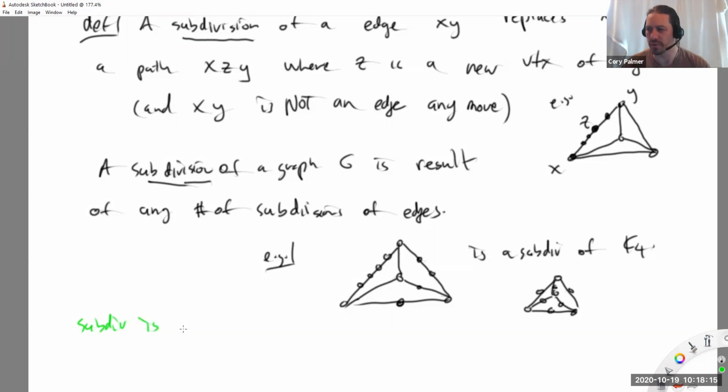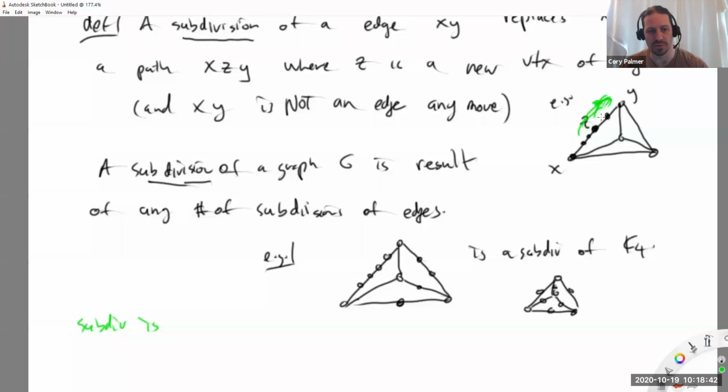it's sort of like the inverse of a contraction, sort of, but they're not actually inverses of each other. Clearly, by contracting, I can get rid of these subdivided edges, right? Like if I want to undo this, I can just keep pulling these vertices to y, right? And then they'll all vanish, and they're all degree 2, so they don't accumulate any loops or multi-edges or anything like that. It just eliminates everything. It makes y adjacent to x again.